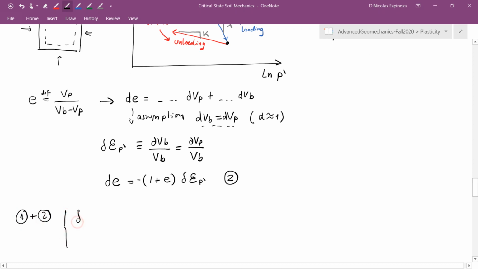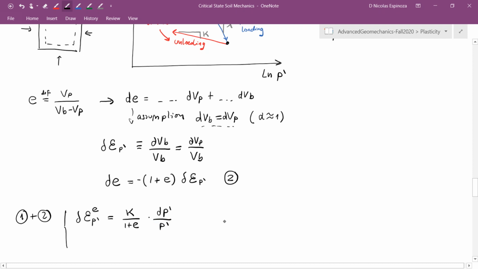that the volumetric strain elastic component is going to be equal to kappa over 1 plus the void ratio times the change in the mean stress divided by the current mean stress.